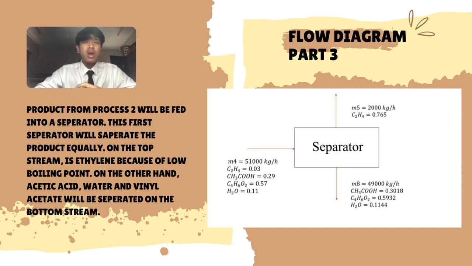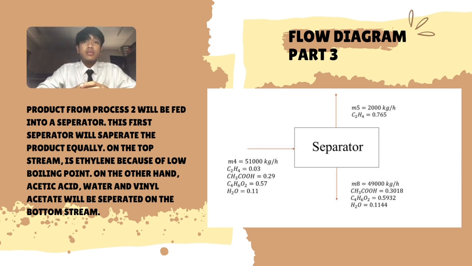What goes to the top stream is the product with low boiling point, which is ethylene with a boiling point of 72 degrees Celsius. It goes to the top stream with a flow rate of 2000 kg per hour and a mass fraction of 0.765.